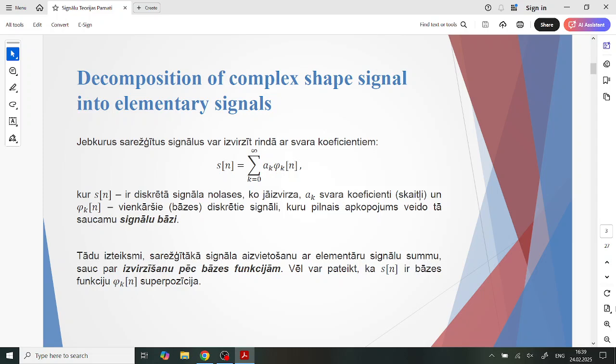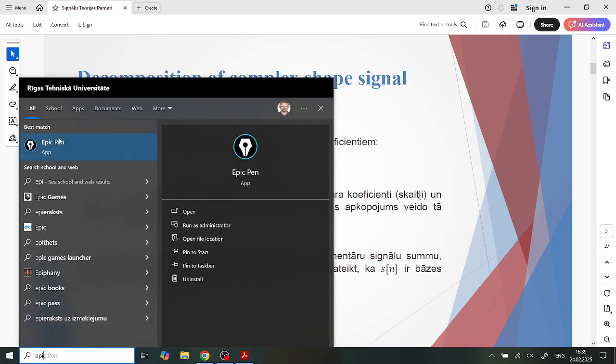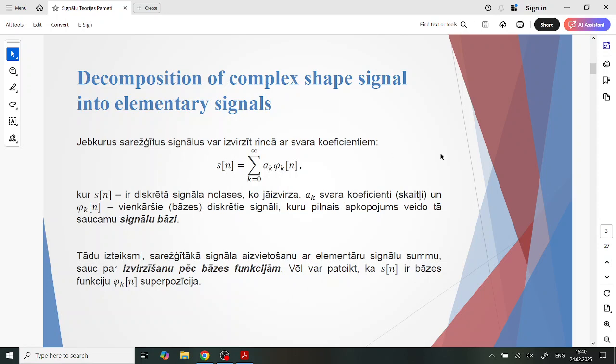So if we go specifically for the example we were trying to implement, we can say that's indeed our case. Specifically, we were trying to create a rectangular shaped signal in the class.